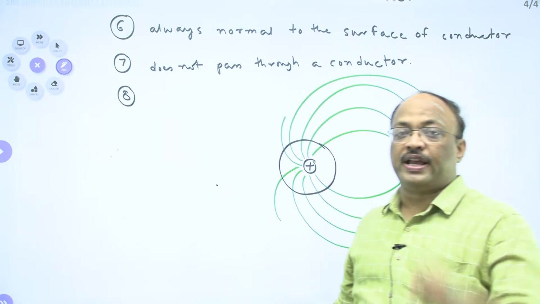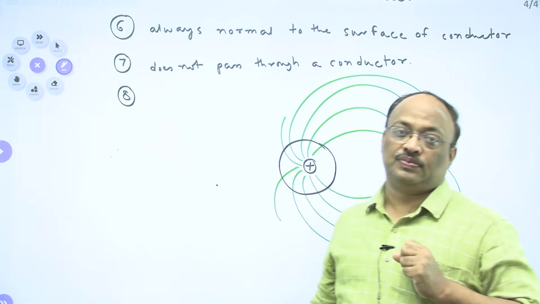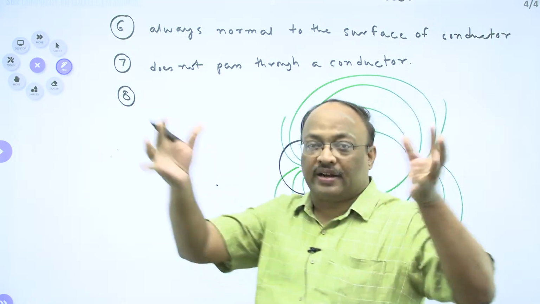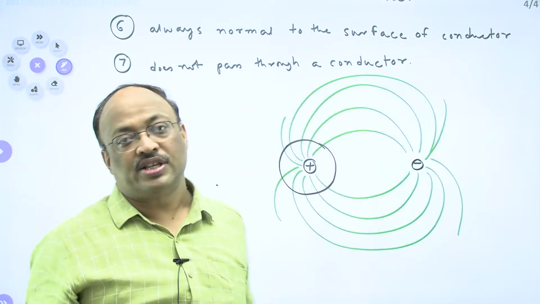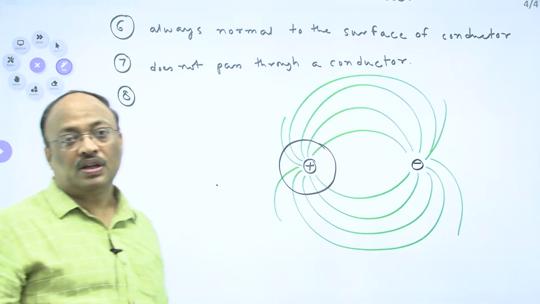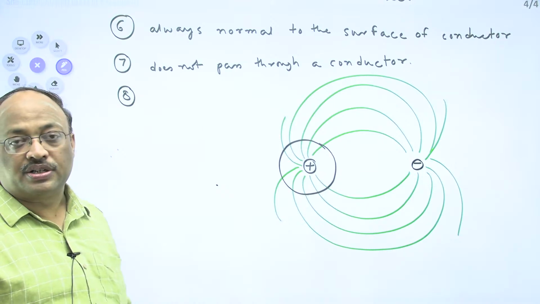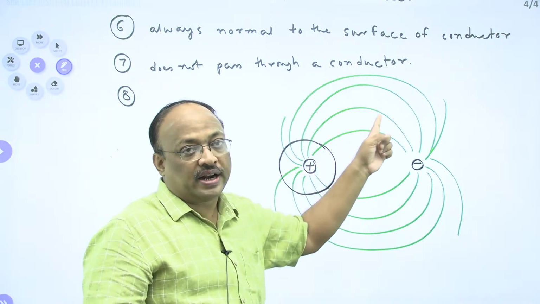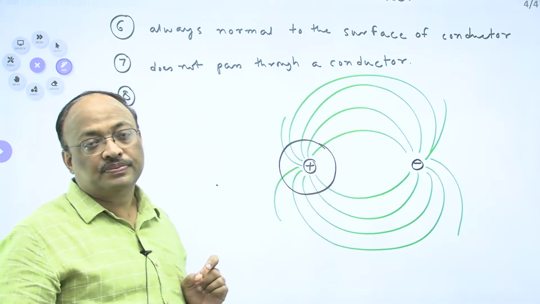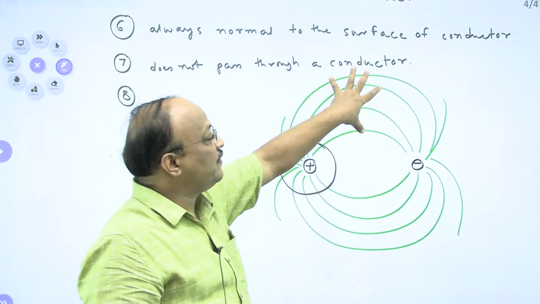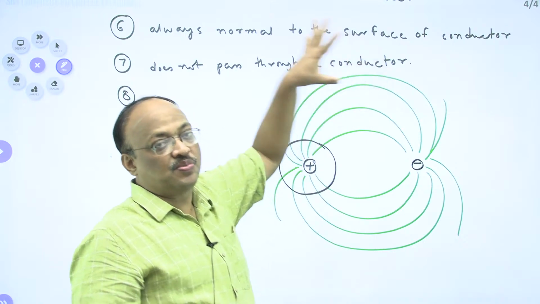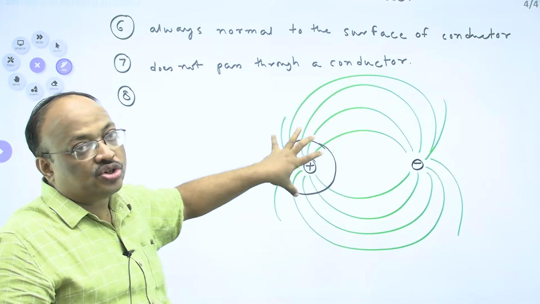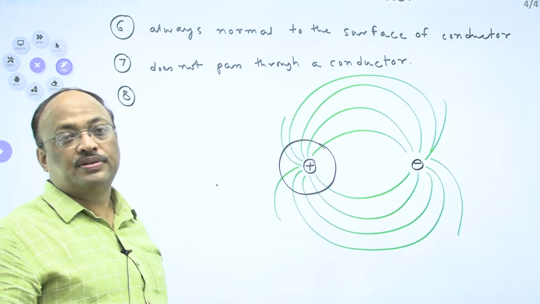If the electric lines of force are rare, if the density is less, it represents that the electric field is weak at this point. The electric field is strong at this point.